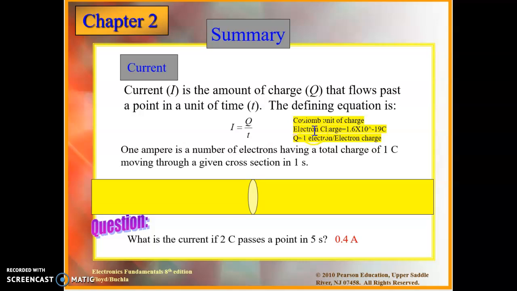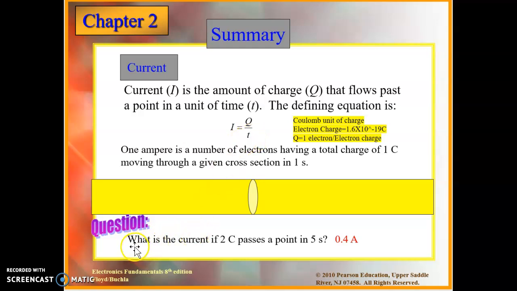Here is a little formula that I gave you: the electron charge is 1.6 times 10 to the negative 19 coulomb. If we have a specific number of electrons, we can find how much current we have, and we use this formula: 1 electron divided by the electron charge will give us the amount of charge, so that we can get the current.